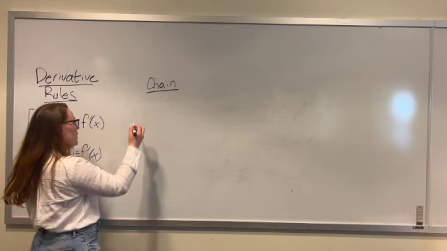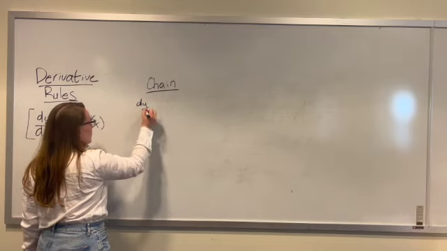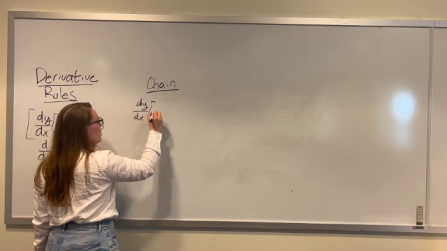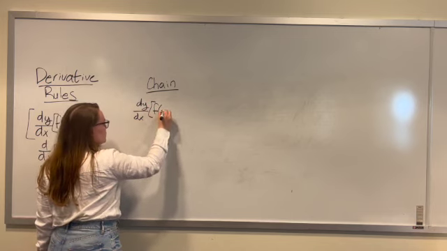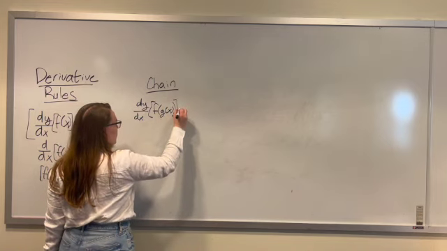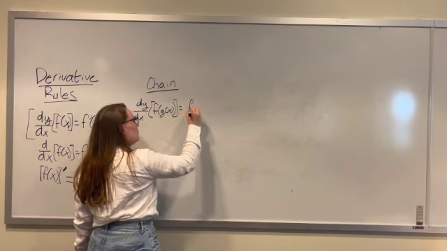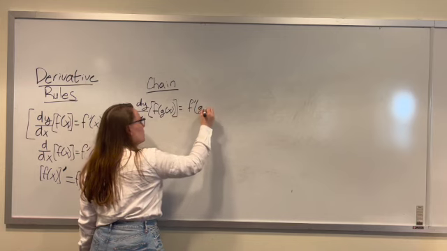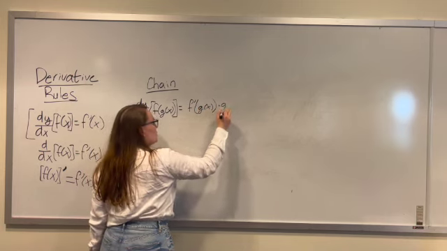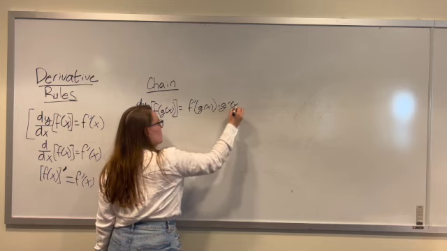Next up, we have the chain rule, which means that if we take the derivative of f of g of x, we get f prime g of x times g prime of x.